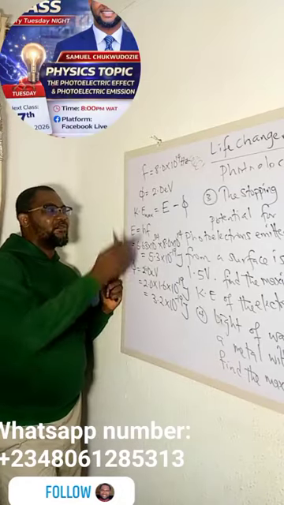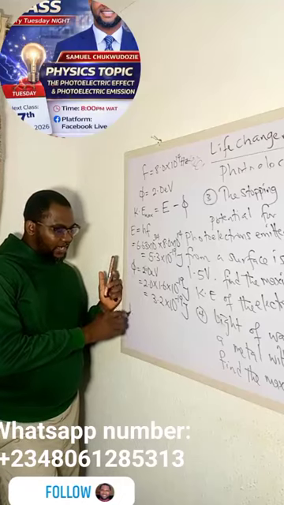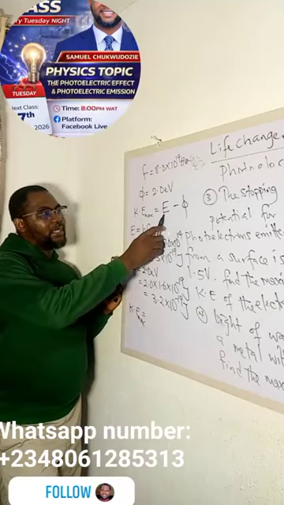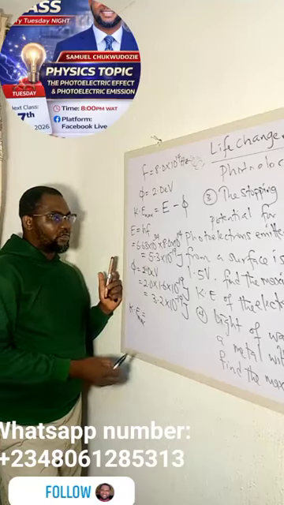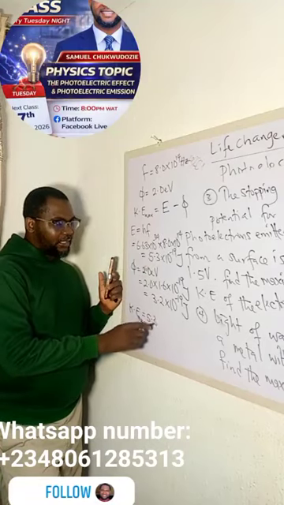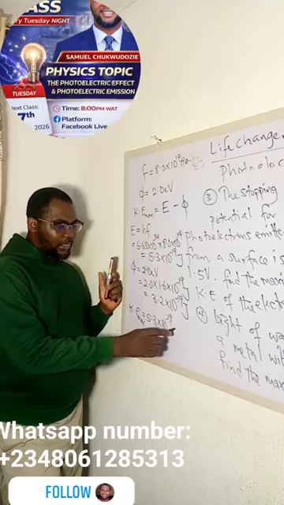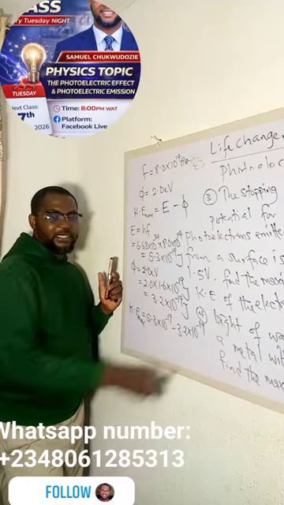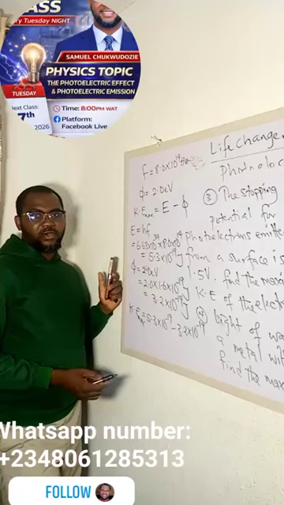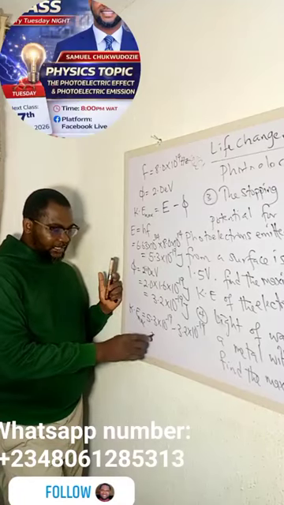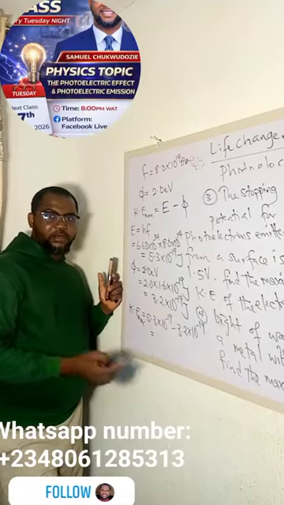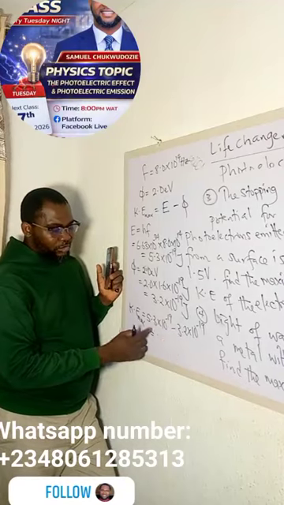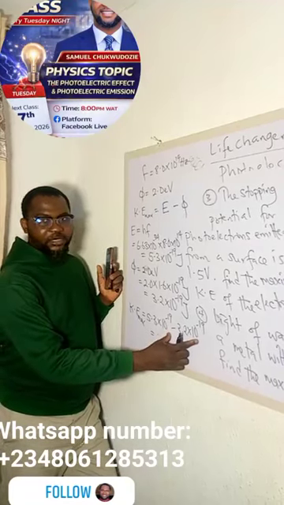Now it's very easy to find the kinetic energy. My maximum kinetic energy is energy minus the work function. The energy is 5.3 times 10 to the power minus 19, minus the work function, 3.2 times 10 to the power minus 19. Now, whenever you have standard form, all you need is to make sure that the power is the same.